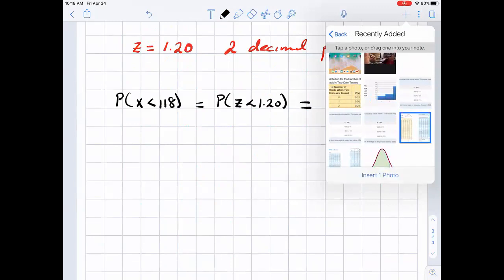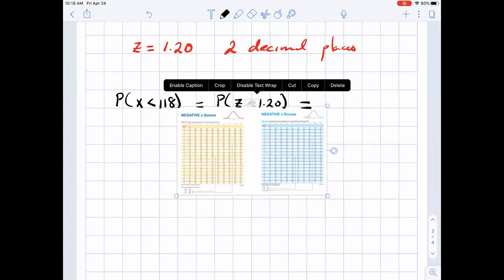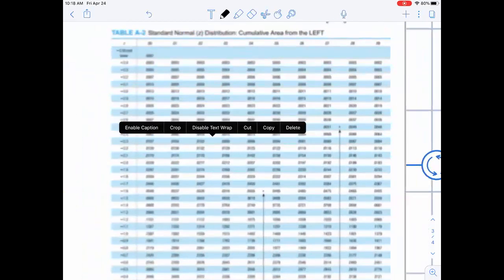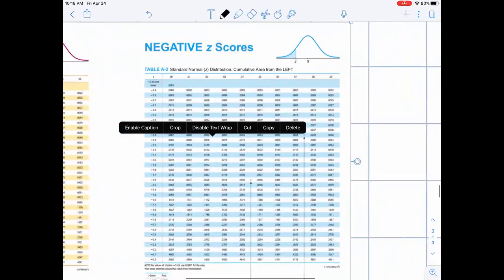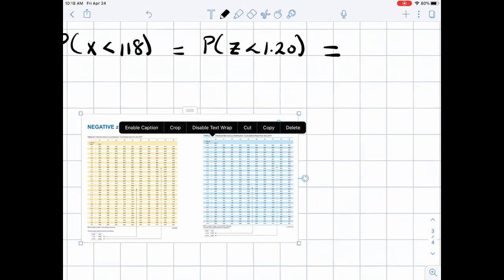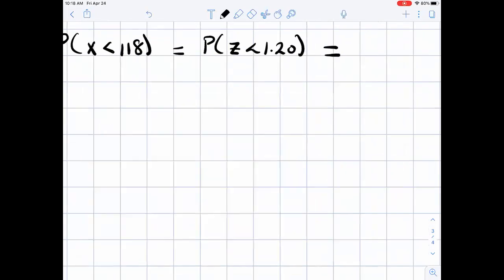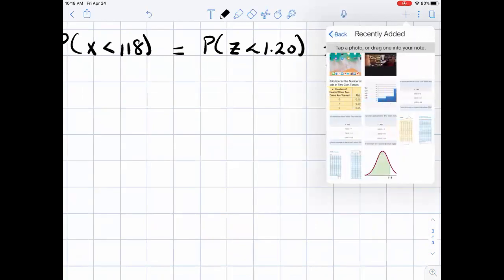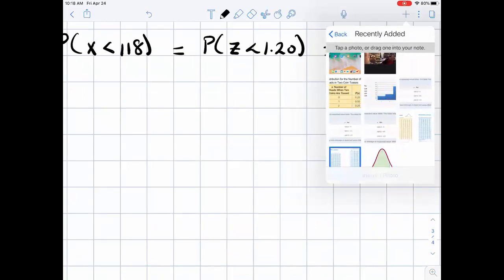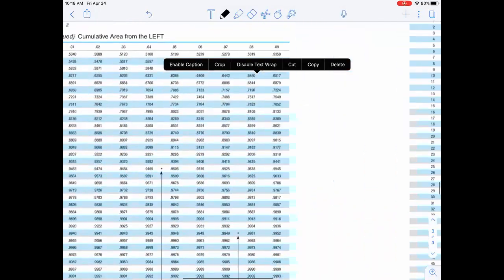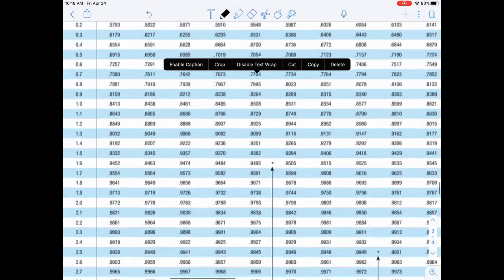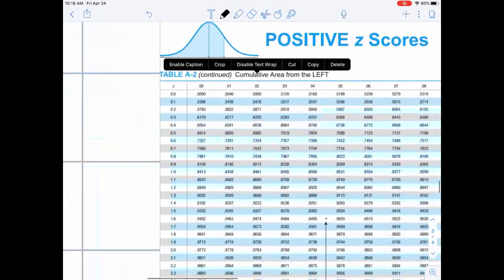Maybe this one here, okay? This is all negative, so I need a positive one. So we're looking for 1.20, okay?